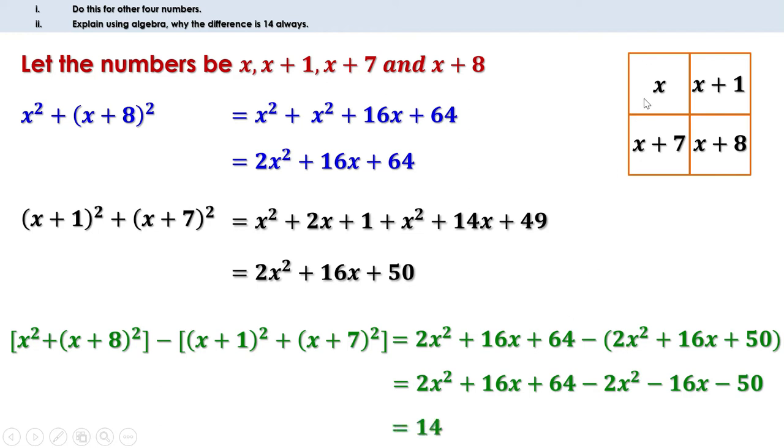Now when we give different values for x, we get all squares of four numbers. And whatever be the value of x, the difference of the sum of the squares of the diagonal pairs is always 14.